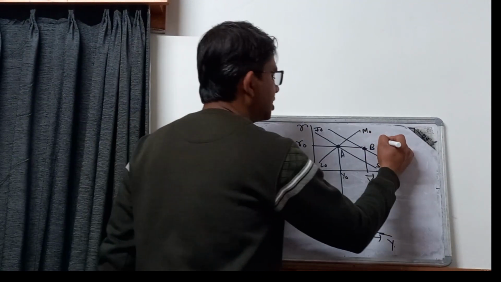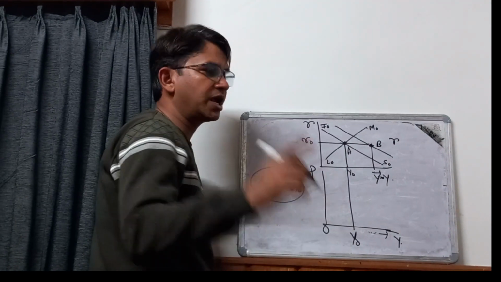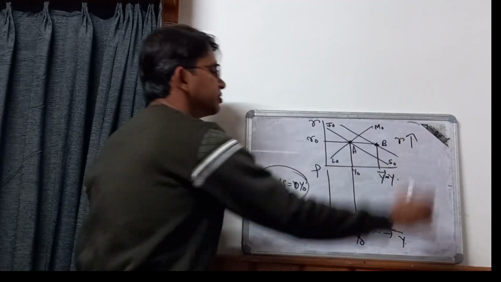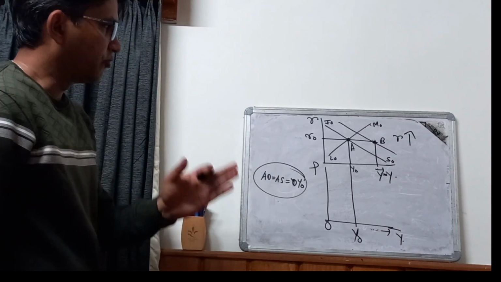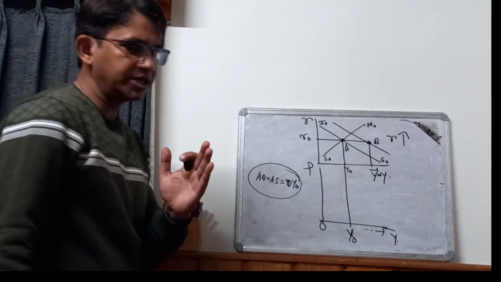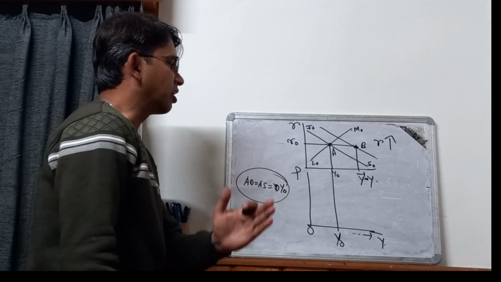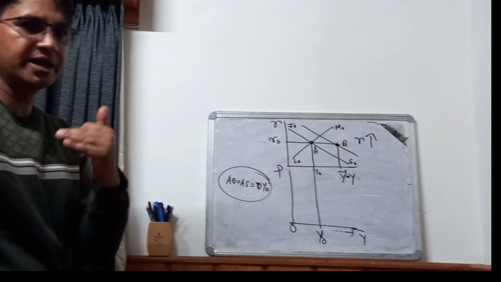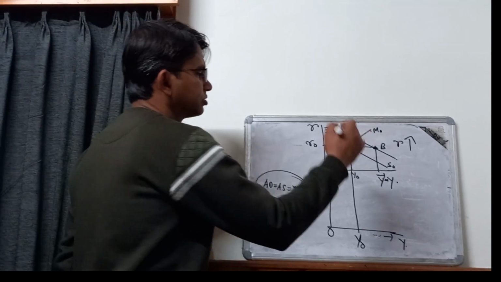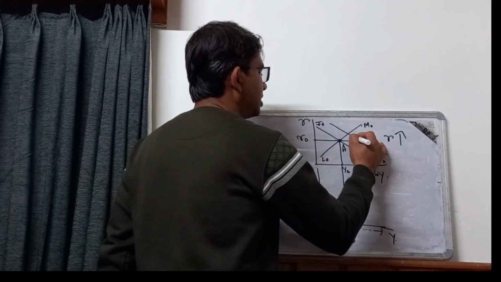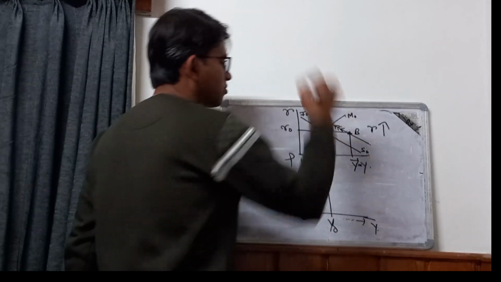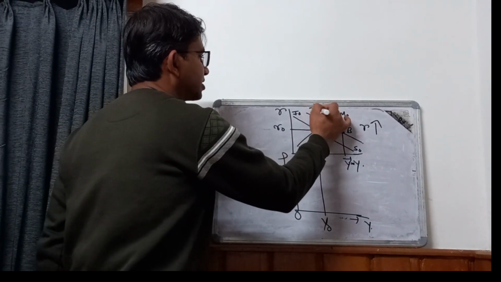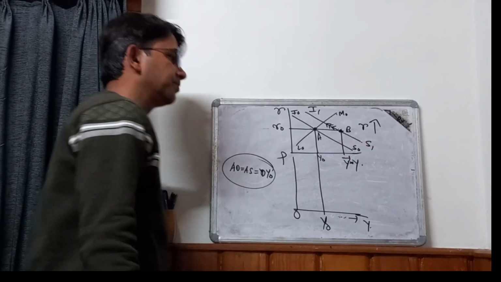So by the interaction of money and bond markets, the rate of interest will start to rise. Whenever the rate of interest rises, there will be crowding out. Private investment will fall, and consequently the aggregate demand will also fall, which is represented by a leftward movement along the new IS curve I1S1.